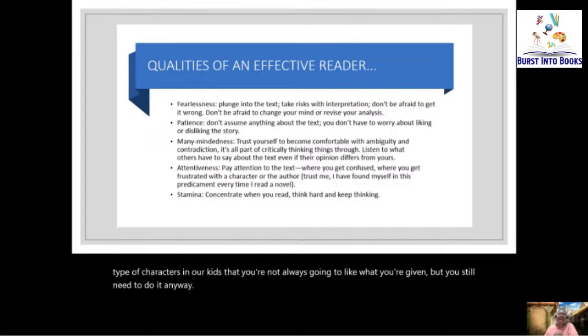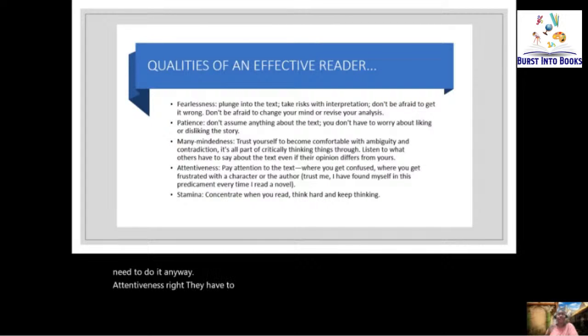Attentiveness, right? They have to pay close attention to what they're reading. What are they confused about? Where do they get frustrated with the character or the author?